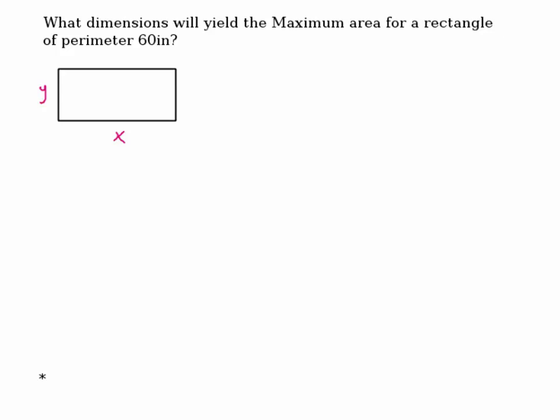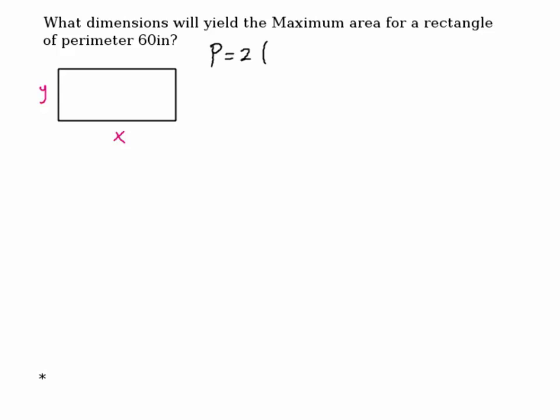So can somebody tell me what's the formula for the perimeter P is equal to what in terms of x and y? Okay, somebody typed 2L plus 2W. Yeah, 2x plus 2y.